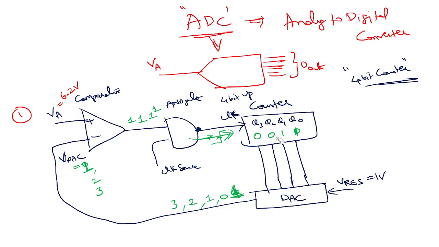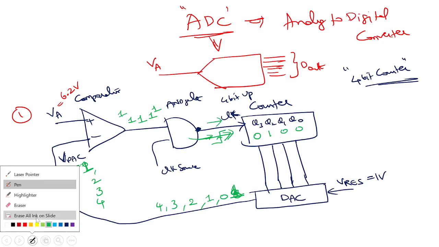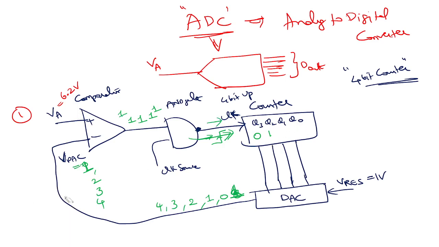Then the counter state will change to 0, 1, 0, 0. Now output will become 4. 4 will be supplied here. 6.2 greater than 4. The output will be 1. Clock will be supplied. Here it will become 0, 1, 0, 1.